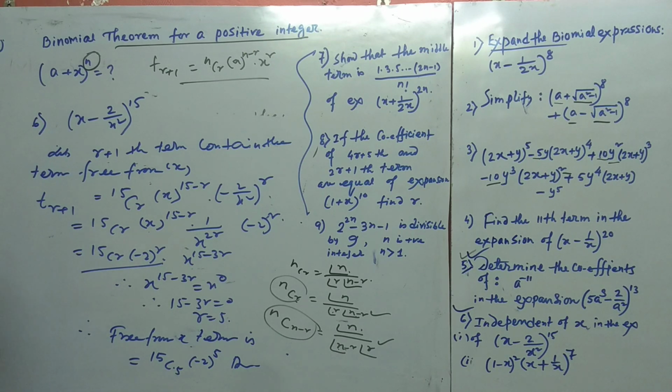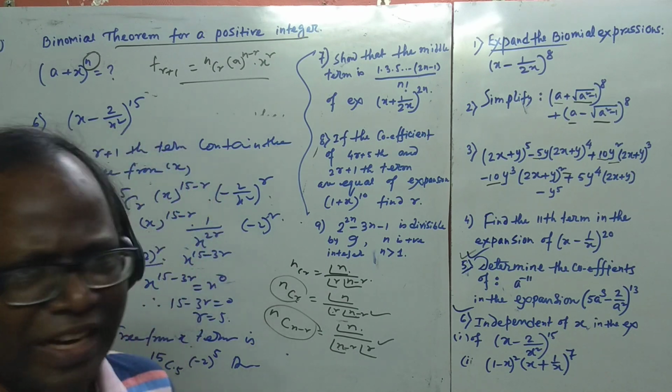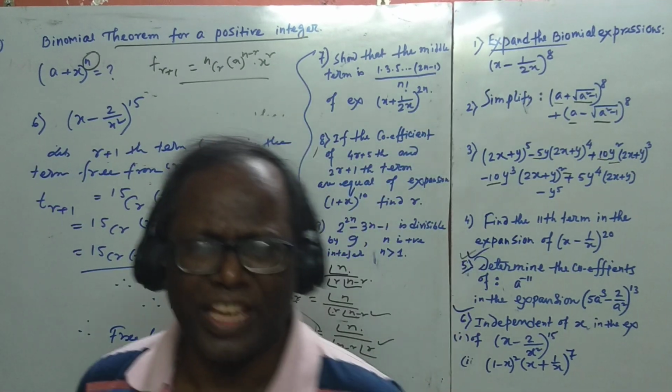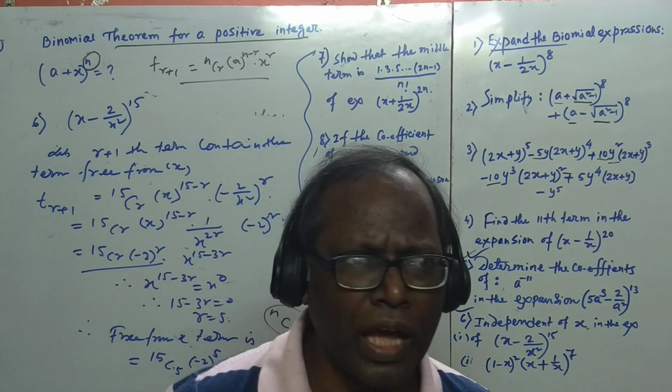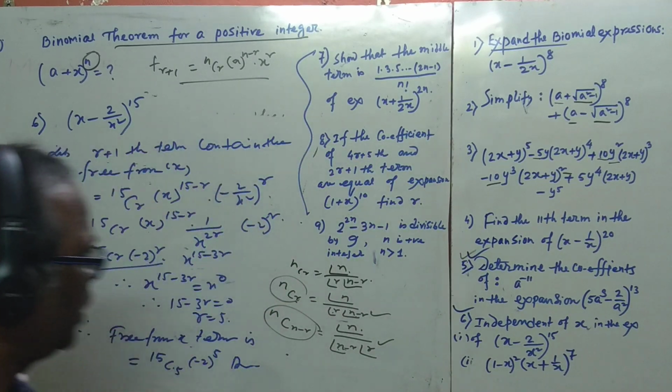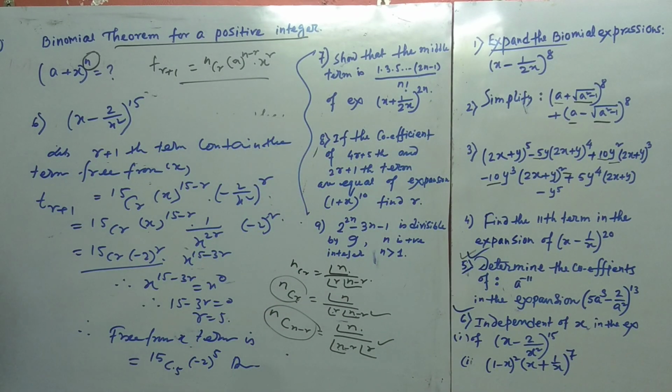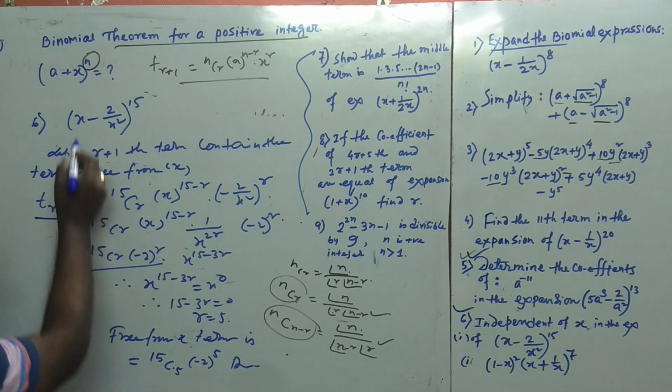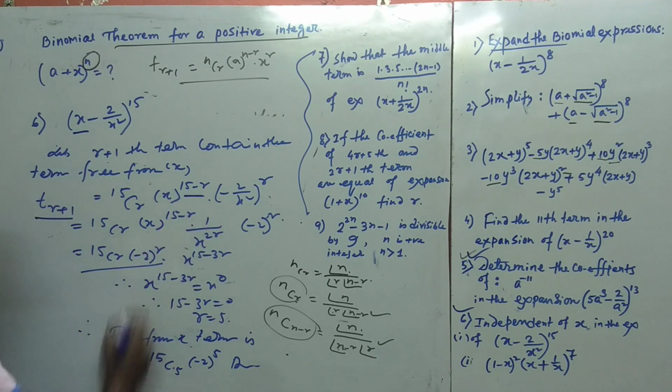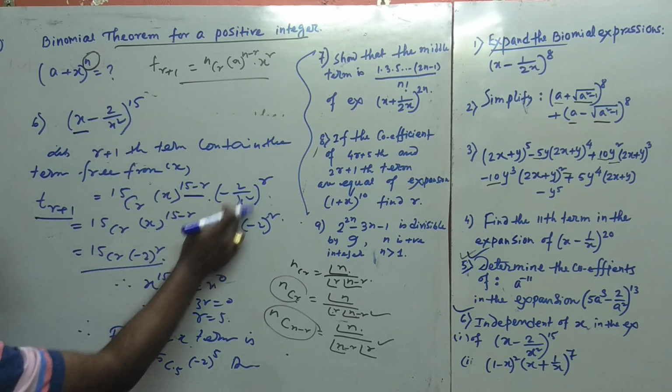If we always find the independent term of x, let us assume the independent term of x lies on the r plus 1 term, okay? Let us assume the r plus 1 term contains the free from x. So that's why T(r+1) is equal to 15Cr, x to the power 15 minus r and minus 2 by x square whole to the power r.